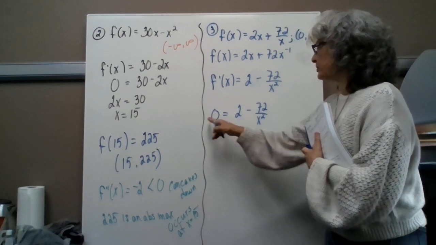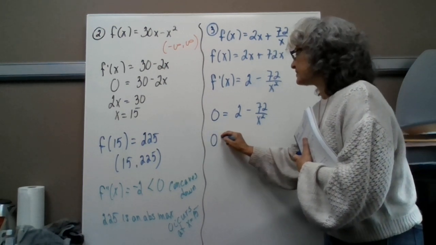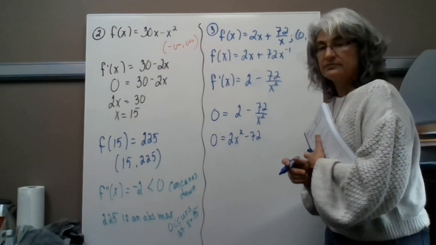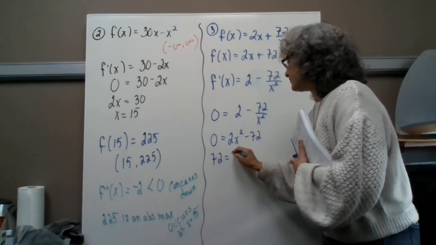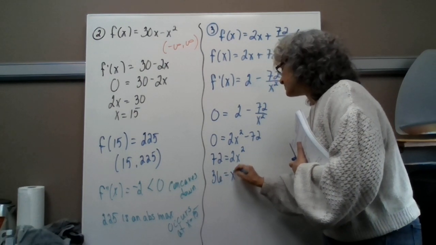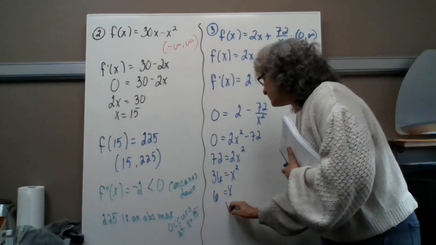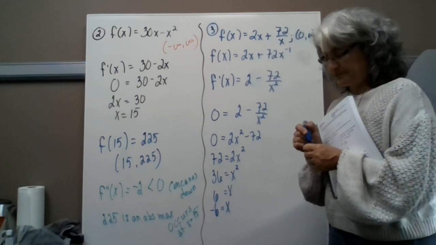And I'm going to multiply everything by the denominator of x squared because I don't want it there. So I have 0 equals 2x squared minus 72. Moving the 72 over, still solving for x, dividing by 2. Taking the square root actually gives me 2 answers. It gives me a positive 6 and it gives me a negative 6, doesn't it?